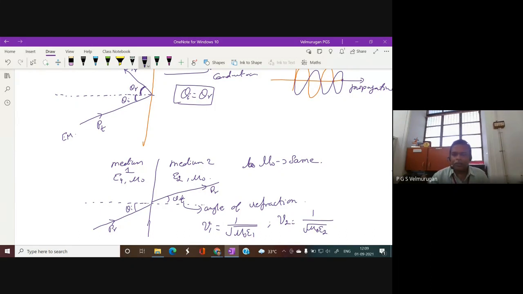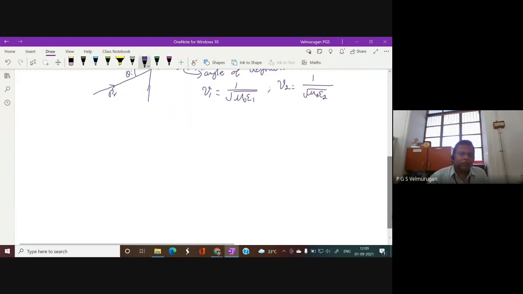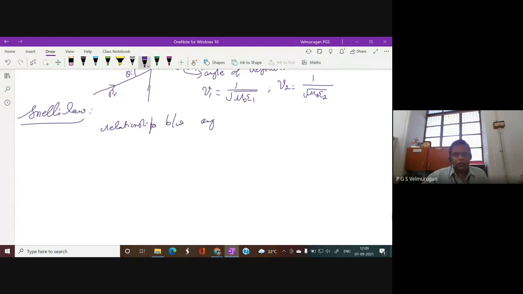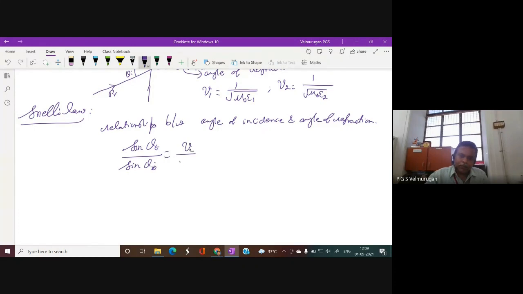So from this we find our Snell's law. Snell's law gives you the relationship between the angle of incidence and the angle of refraction. It is sine theta t divided by sine theta I, where t is refracted and I is incident, which is equal to v2 by v1.